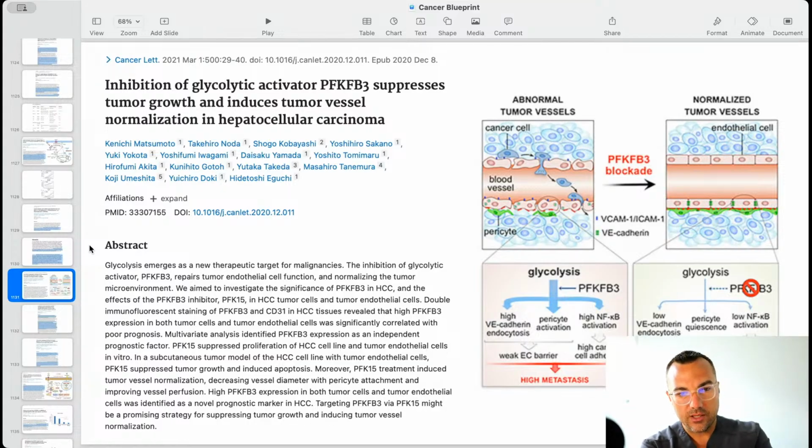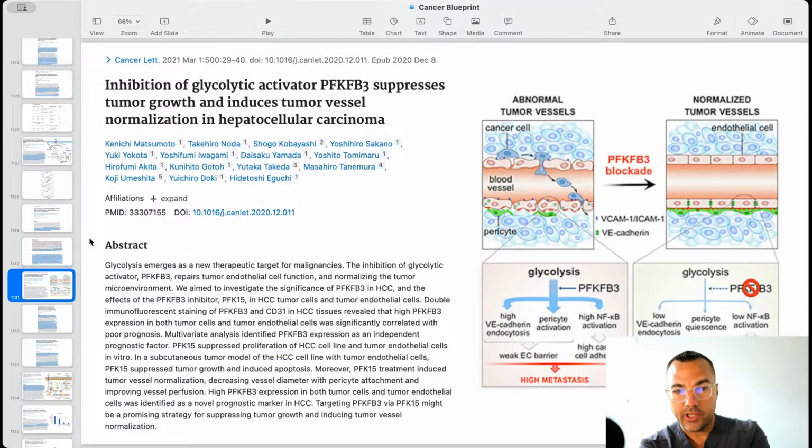It says basically here that glycolysis emerges as a new therapeutic target for malignancies. New. Not remembering that Otto Warburg talked about this 100 plus years ago, and Dr. Siegfried has been talking about it for more than 20 years. But it's apparently a new therapeutic strategy to target malignancies.